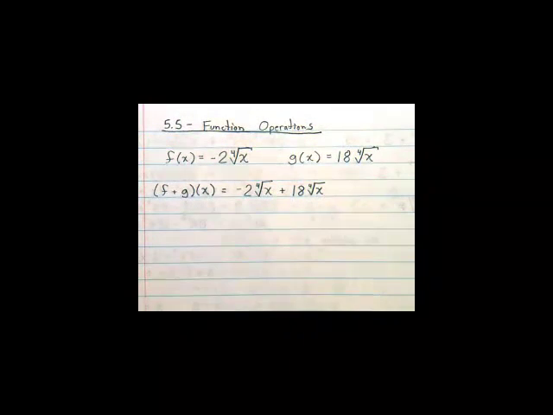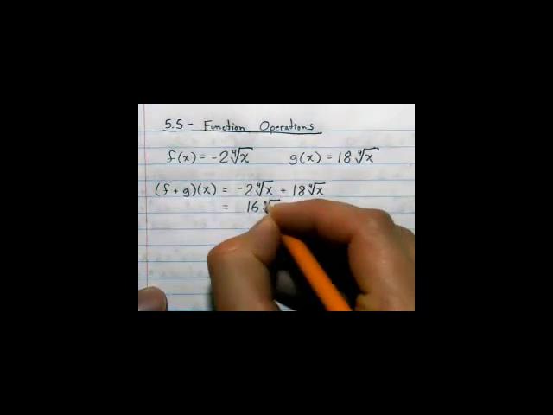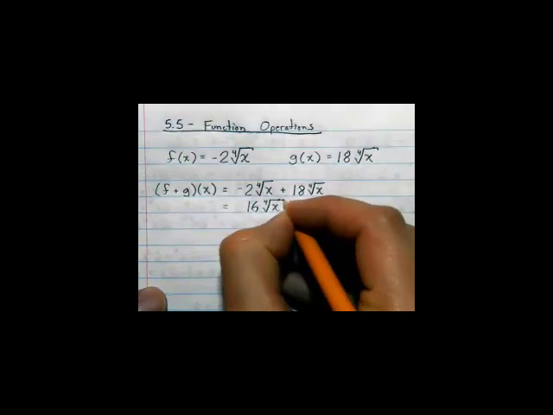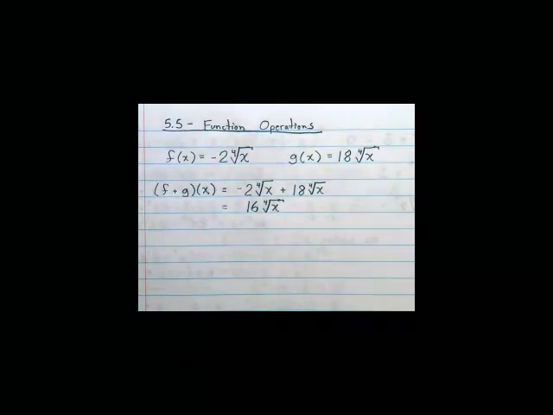Think about the fourth root of x as just being its own variable. We got some like terms here technically, so I can add these together. So if I have -2 fourth root of x plus 18 fourth root of x, what do I have? 16 fourth root of x. Okay, that's f plus g of x. That's really all there is to it.